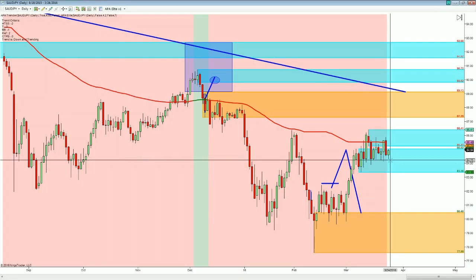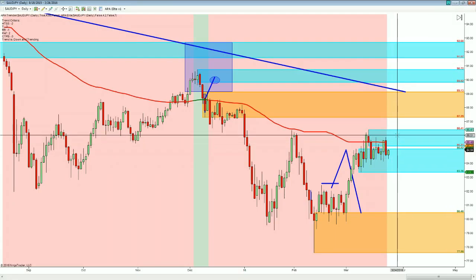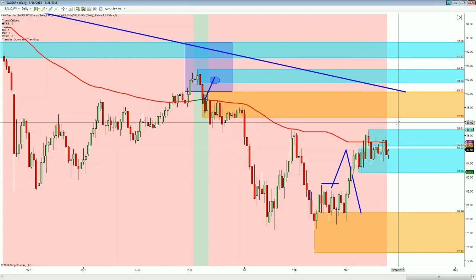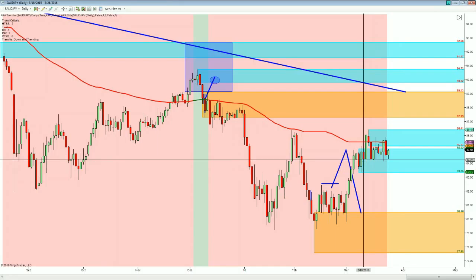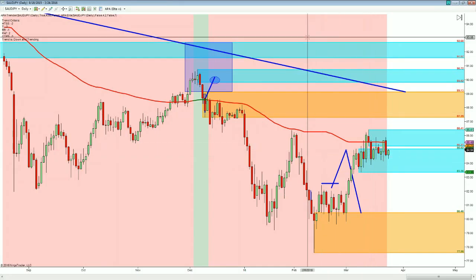But for now, I would just play the range as it may be, taking short targets in between these two zones until we get an expansion move through one of these zones and down or up. So I'm just looking to play the range right now in this market.